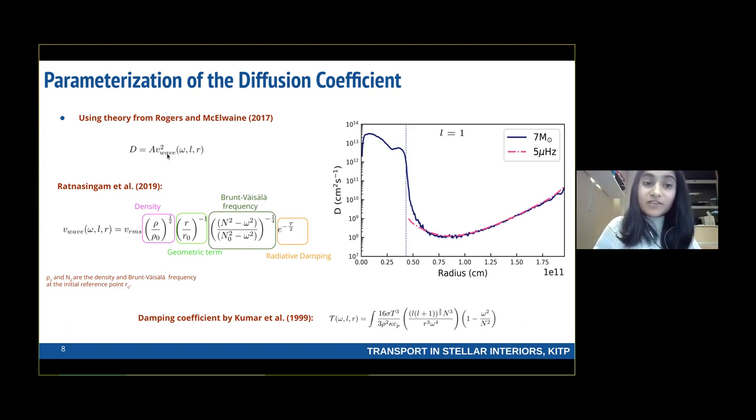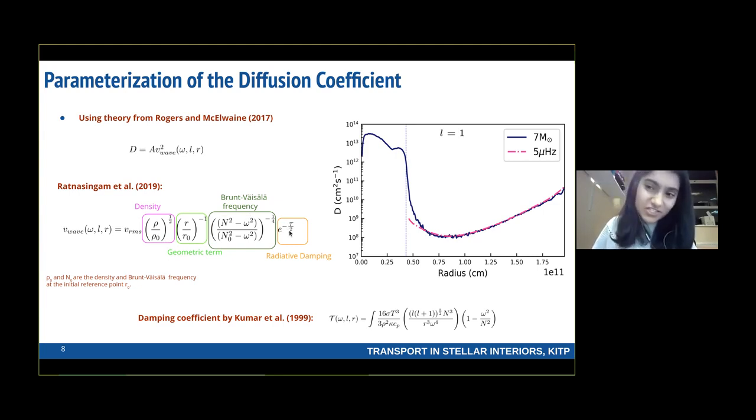We calculated the wave amplitude using the linear theory from Ratnasingam et al., where the wave amplitude for each frequency omega and wave number L depends on the wave driving, the density stratification, the geometry of the star, the Brunt-Väisälä frequency, and the radiative damping. Here R0 is the initial reference point at which the waves are launched, and ρ0 and N0 are the corresponding initial density and Brunt-Väisälä frequency.